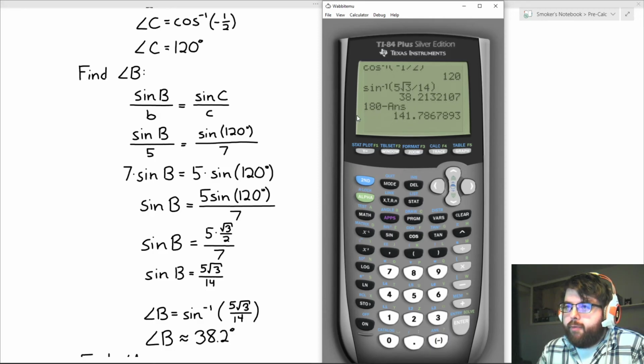There's not enough room for a 141. That is way more than 180. So there's no chance that the larger of the two sine inverse solutions is the solution in this case.